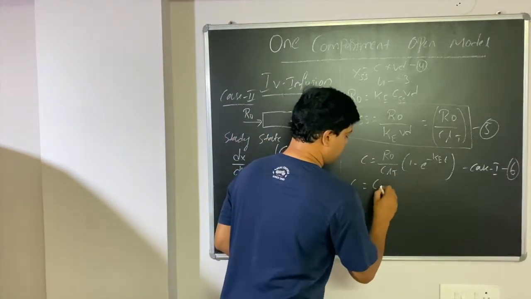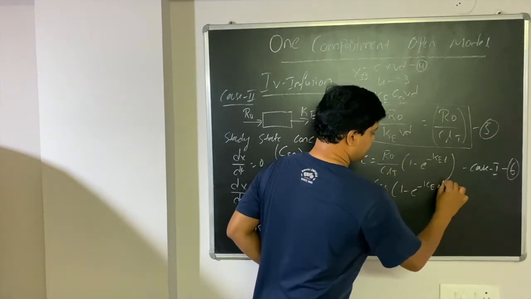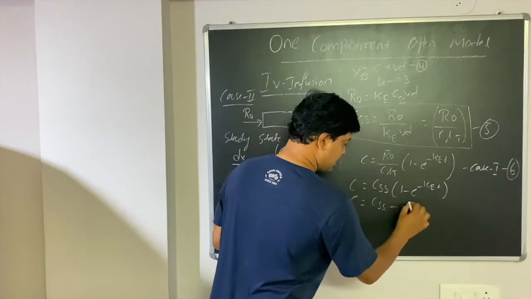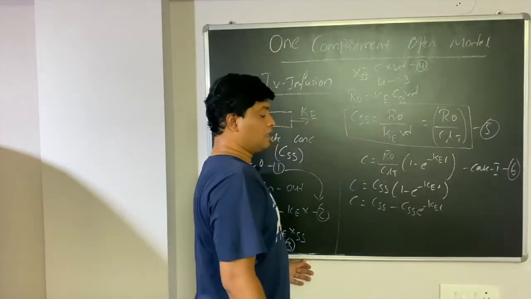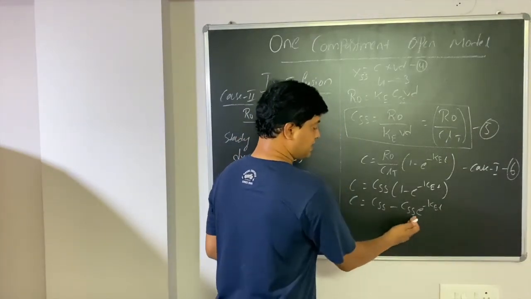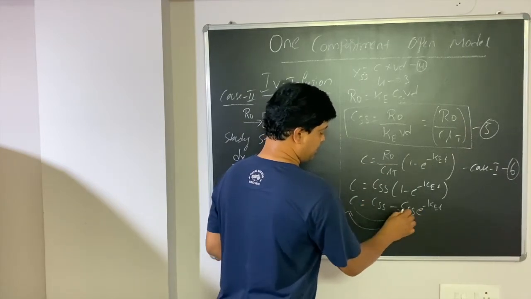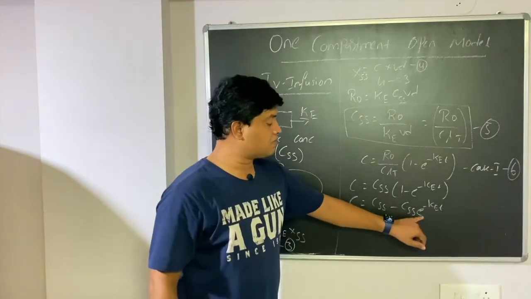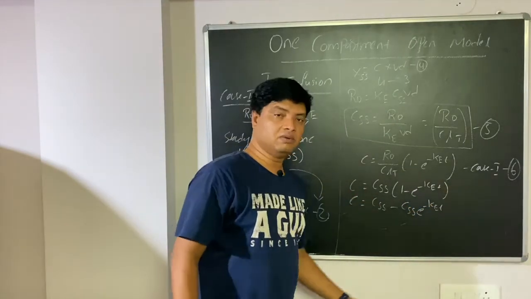So concentration is equal to steady state concentration into 1 minus e to the power of minus Ke T. Now multiply this steady state with this, and you will get concentration is equal to steady state concentration minus steady state concentration multiplied by e to the power of minus Ke T. Now rearrange the equation. Send the steady state concentration multiplied by e to the power of minus Ke T to the left side, and concentration to the right side.